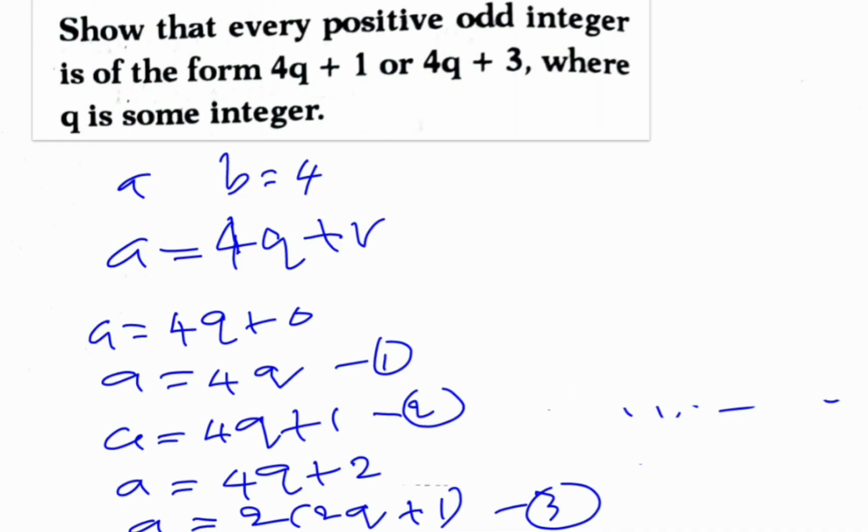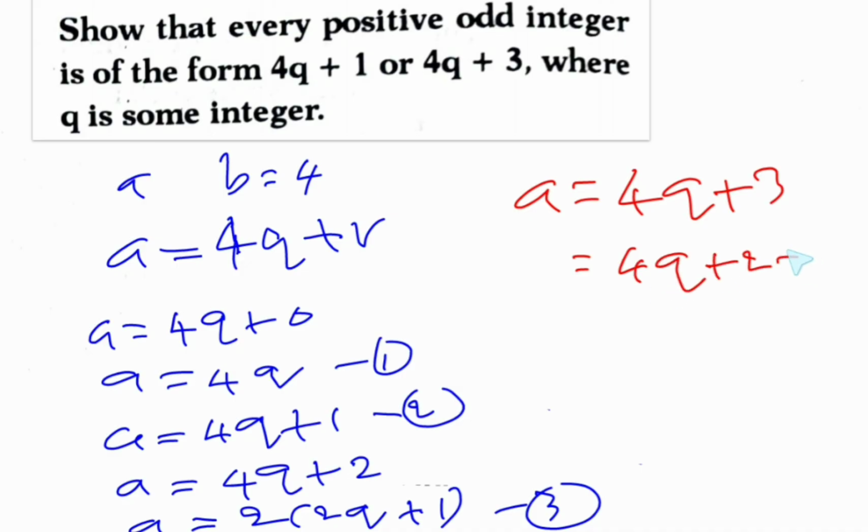A is equal to 4q plus 3, that 3 we can write as 4q plus 2 plus 1. So take common, 2q plus 1 plus 1. Now this is the fourth one, and the first one is 2 into 2q.